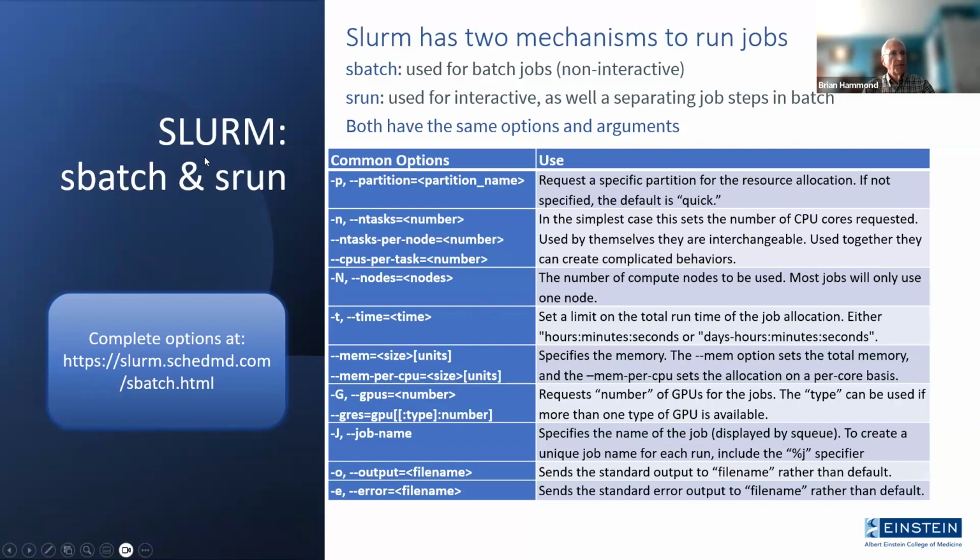So there are 2 commands that you'll deal with most of the time. sbatch is if you want to submit a batch job, right? Just means that you just want it to run. Now, within that batch job, you can use srun if you want to. You don't really need to. What srun does within a batch job is it creates separate job steps.